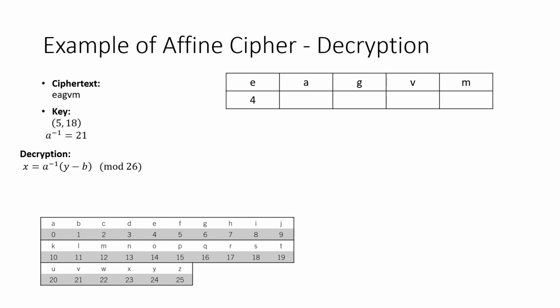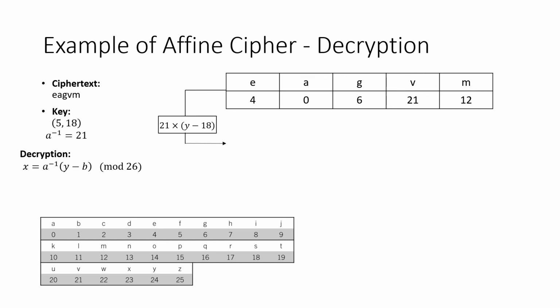And as before, we're going to look at our table, the mapping between English letters and numbers. So E corresponds to number 4, A corresponds to 0, and so on. We complete the table. Now next, we're going to use a decryption function to find the plaintext.